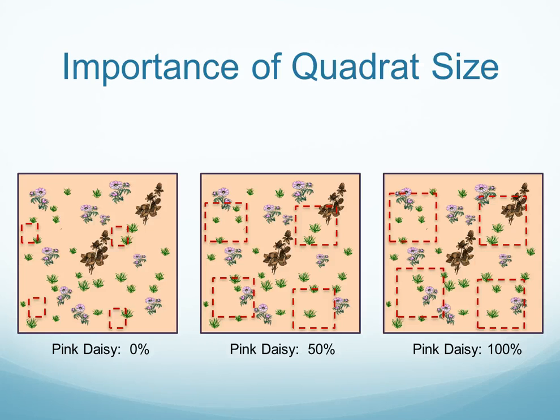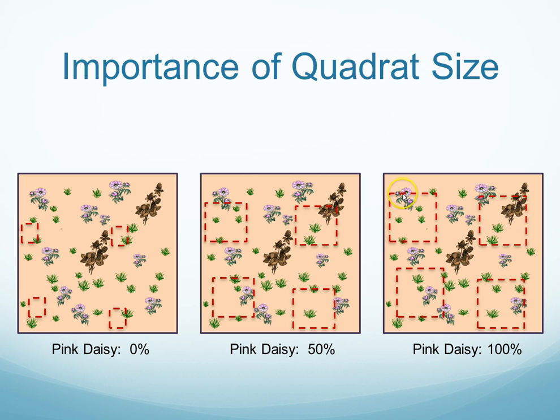Let's look just for a minute at the importance of quadrat size. As I mentioned before, as we increase the size of the quadrat, the frequency is going to increase. We can see that with pink daisy, for example, on the left, we're using small quadrats and the frequency is 0. In the center, we're using larger quadrats, and the pink daisy is rooted in 2 out of 4 quadrats.